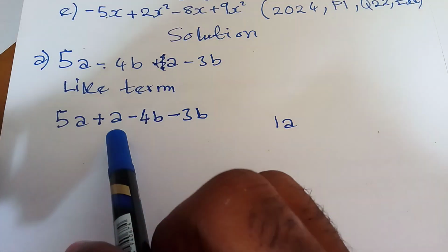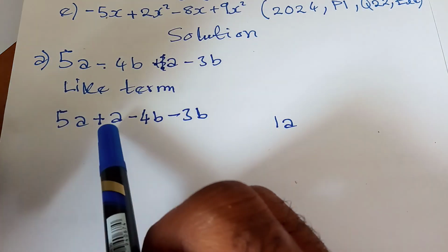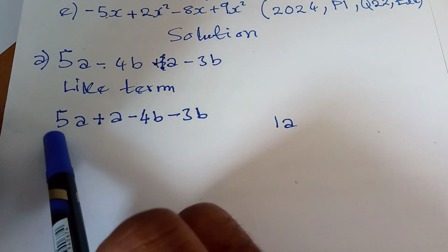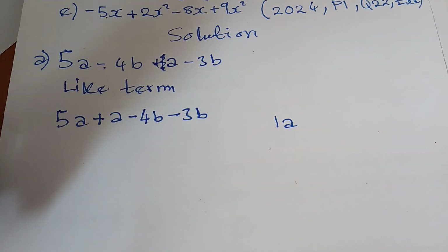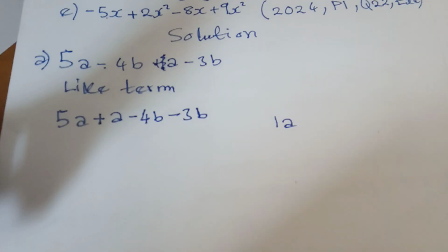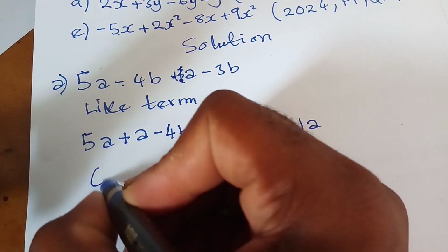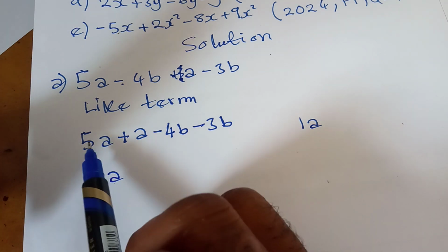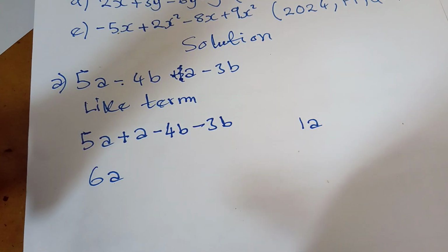You don't usually say one apple. Yeah, it's okay to say one apple, but it's better to say an apple. So you can say we have 5 apples and an apple. How many apples do you have altogether? As you may have guessed, this is 6 apples. So we have 6a. 5a plus a is 6a.